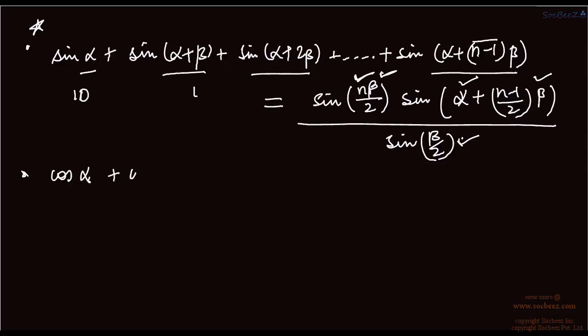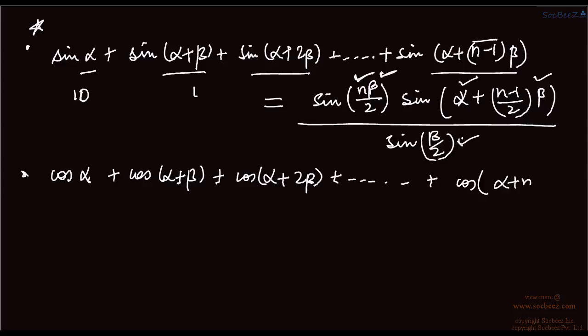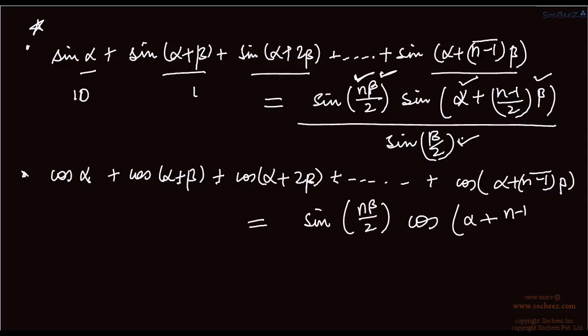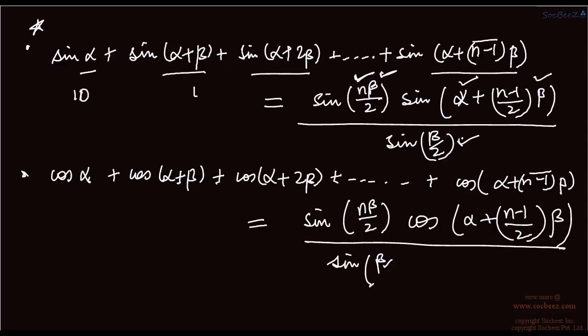Similarly, you have the cos series: cos of alpha plus cos of alpha plus beta plus cos of alpha plus 2 beta, up to cos of alpha plus n minus 1 beta, is equal to sine of n beta by 2, times cos of alpha plus n minus 1 by 2 beta, upon the same sine beta by 2.